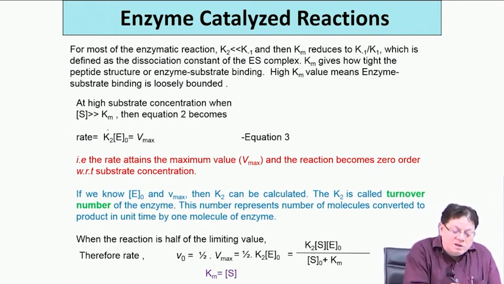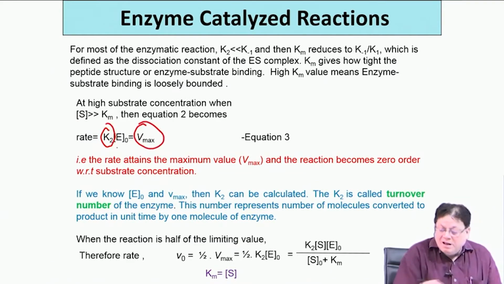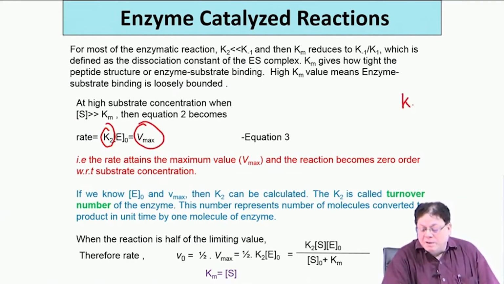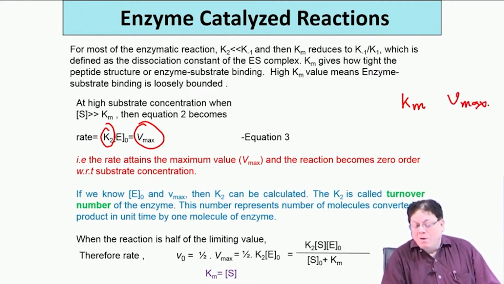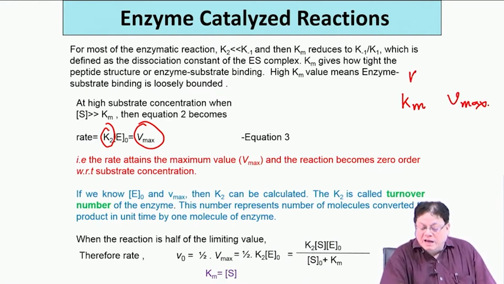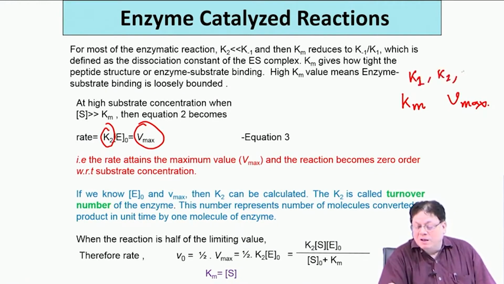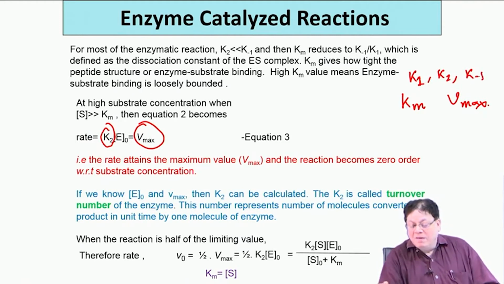Now, this k2 is also important, as it is related to Vmax. Earlier I said that there are the parameters Km and Vmax, or before that, the important parameters k1, k2 and k minus 1.